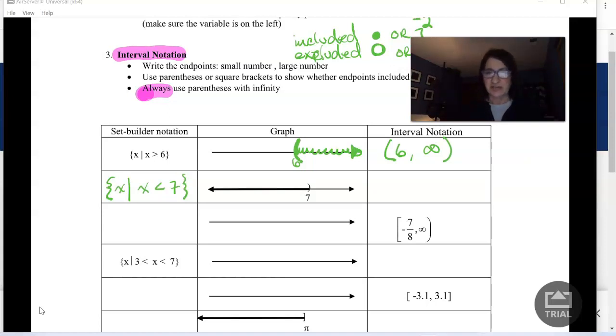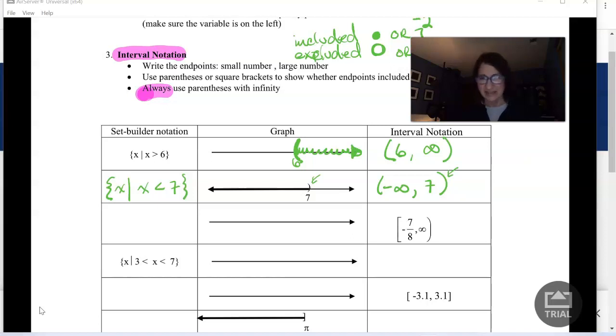In interval notation, this is going to be -infinity, comma, 7, parentheses. Parentheses are on both ends because with infinity, always parentheses. The 7, because we have a parenthesis here, that's why we have a parenthesis in interval notation. It shows that 7 is not part of the set.